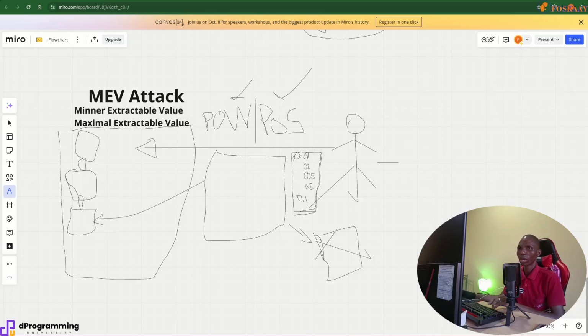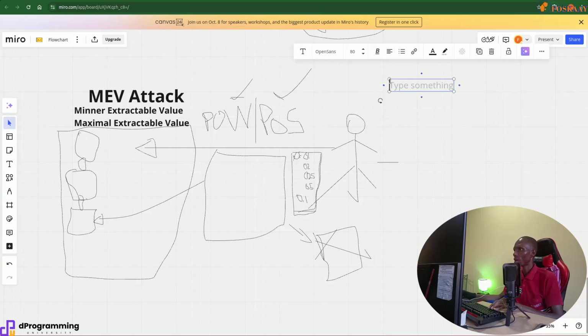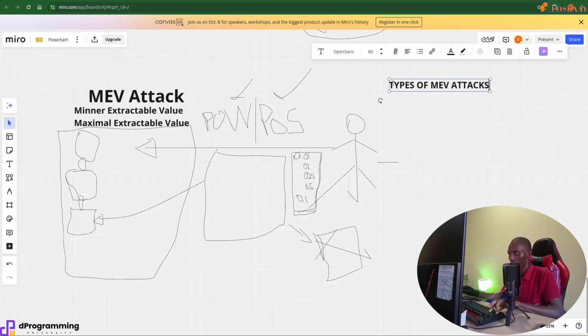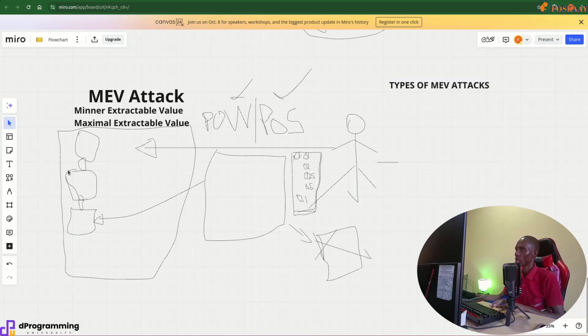So we try to look at those different types of MEV attacks. There are different types of MEV attacks. So let's see that one by one.